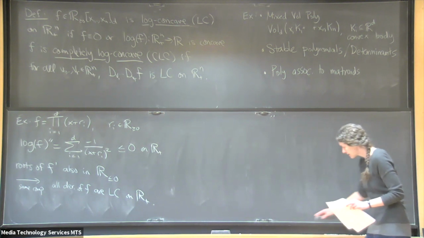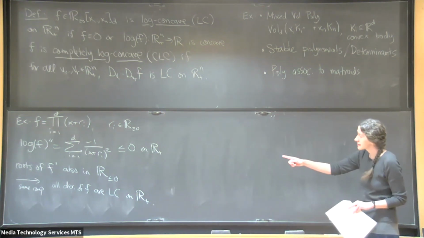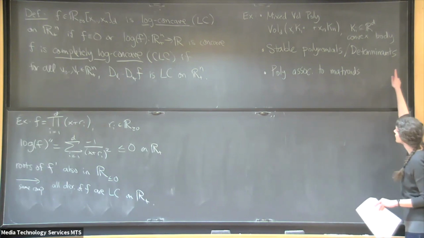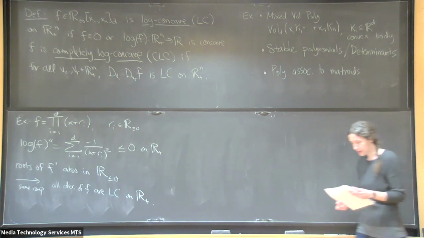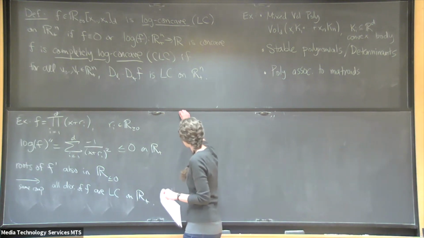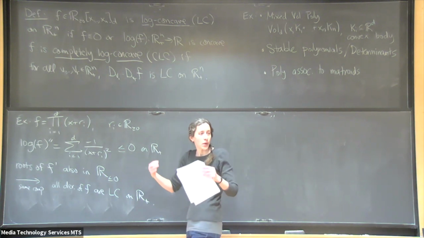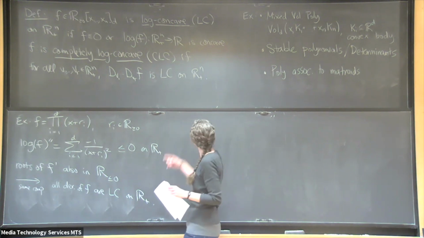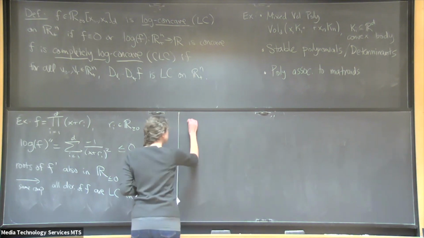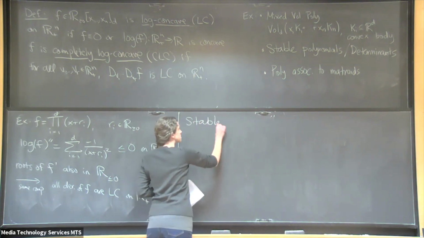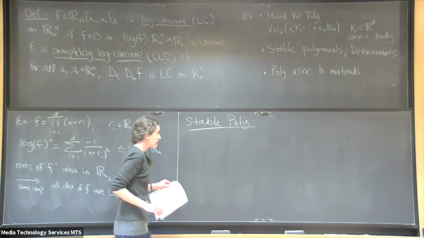And actually, generalizing this to a multivariate setting will give stable polynomials, which is one of the big motivating examples that I want to spend some time on, because I think a lot of this work is motivated by the theory that had already been developed for stable polynomials.